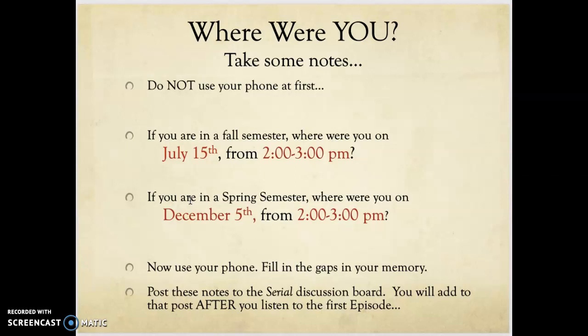Don't use it. Take out your notebook, and I want you to write down everything you remember from 6 weeks ago. So if you were in fall semester, I want you to write down everything that happened on July 15th from 2 o'clock to 3 o'clock in the afternoon. Everything you remember, I want you to write down.